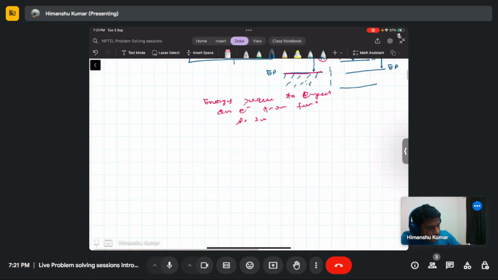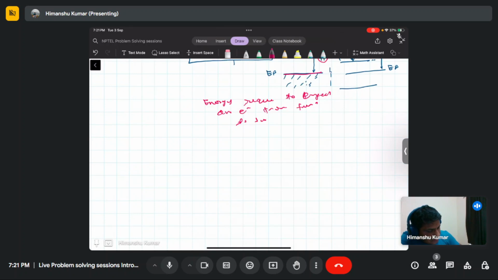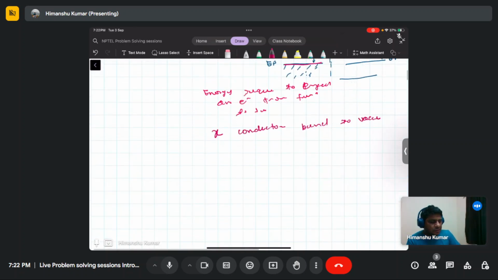So chi is related to the conduction band to the vacuum level.